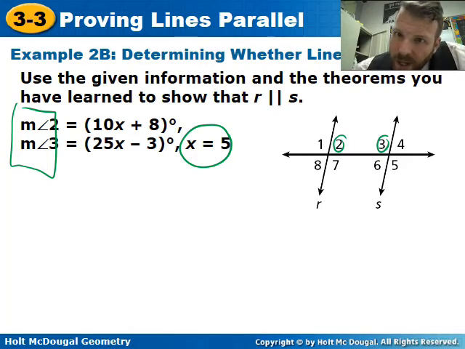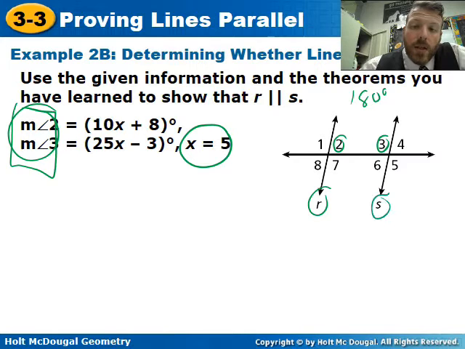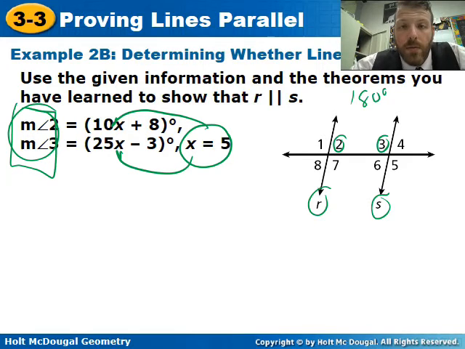Look at the screen. 2 and 3 are not equal to each other. You should know that. Those are same side interior, which means we want them to be supplementary. If they're supplementary, that means they equal 180. If they're 180, then I can show that this line is parallel to this line, but not until then. So what I'm going to do is plug this 5 in and show that they're supplementary. Okay?